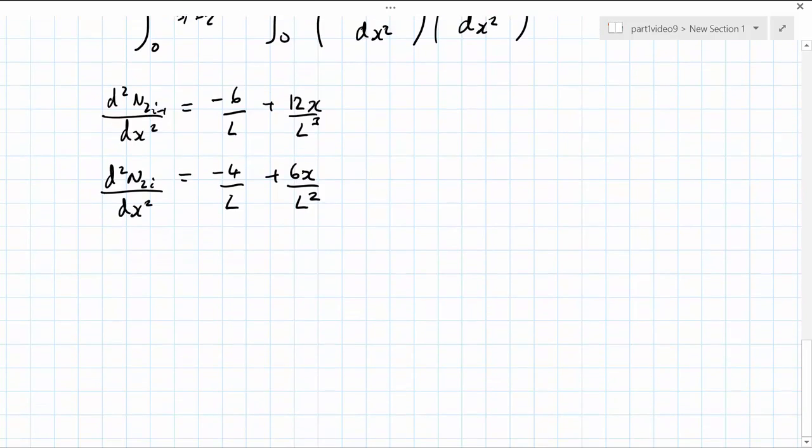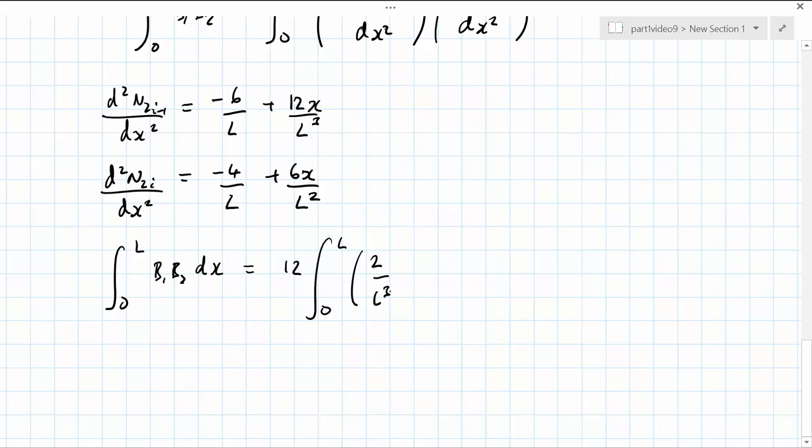Putting all this together, we get the integral of b1 b2 with respect to dx is equal to 12 times the integral from 0 to L of 2 over L cubed minus 7x over L4 plus 6x squared over L5 with respect to dx, and that's just equal to 6 over L squared.